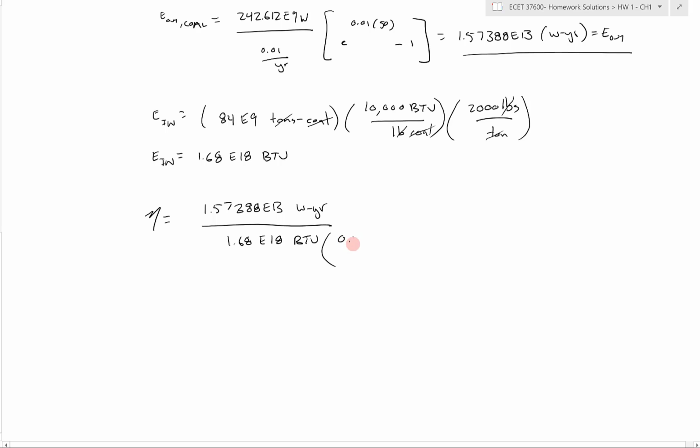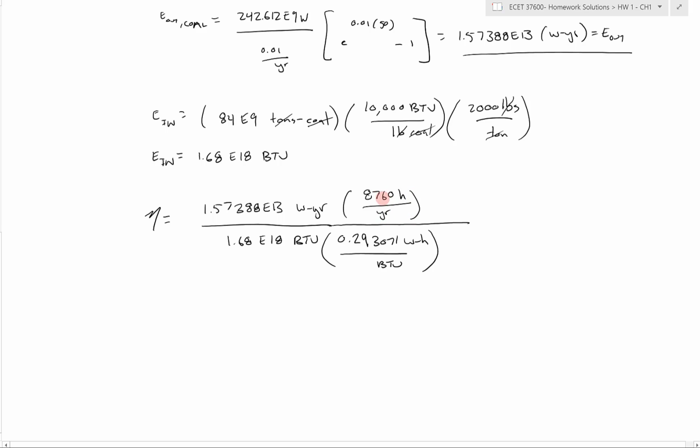It's about 0.3, but 0.293071 watt hours per BTU. So that's going to put the denominator here in watt hours. And then I'm going to turn the numerator into watt hours as well. I can do that because there are 8,760 hours in 1 year.